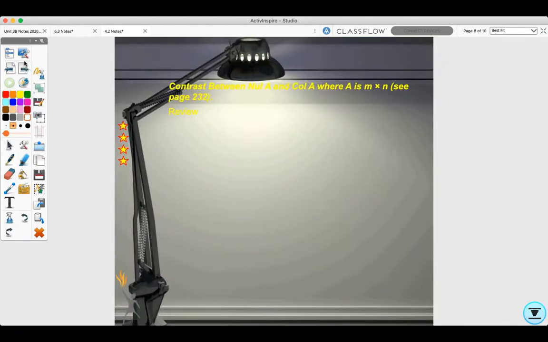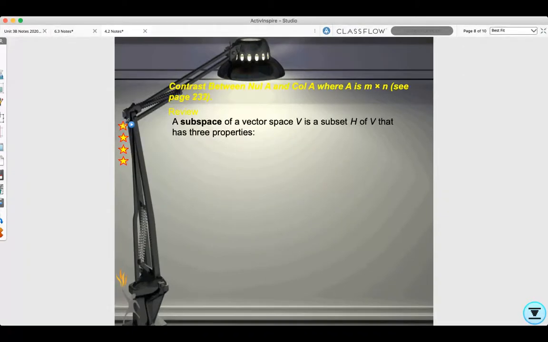Contrast between null A and column A, where A is an m by n matrix. You can see page 332. I'm going to review that. A subspace of a vector space V is a subset H of V that has 3 properties. The first being the 0 vector of V is in H. The second one, for each u and v in H, u plus v is in H. In this case, we say H is closed under vector addition.